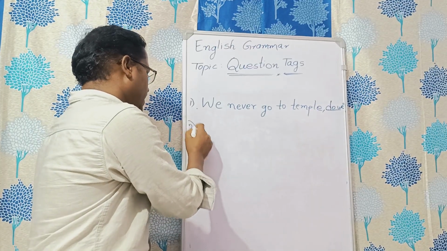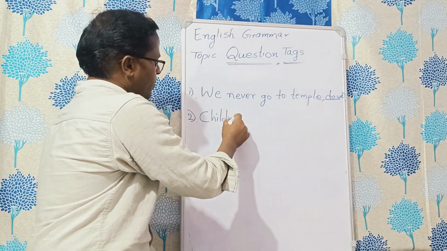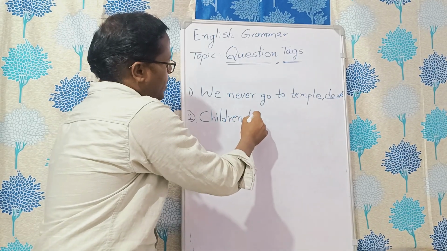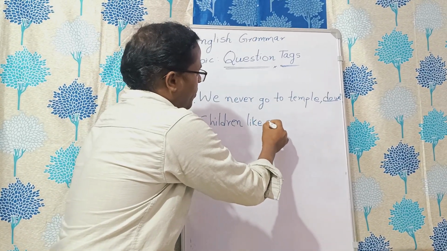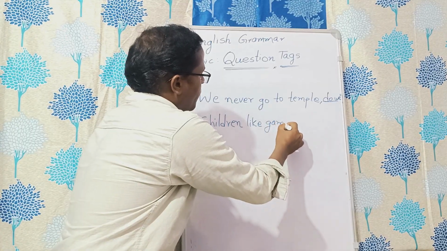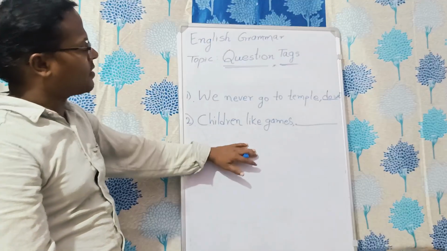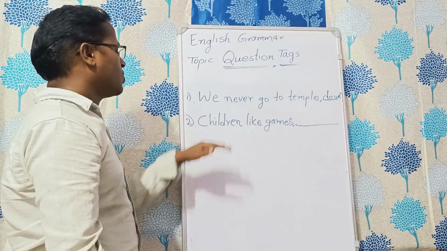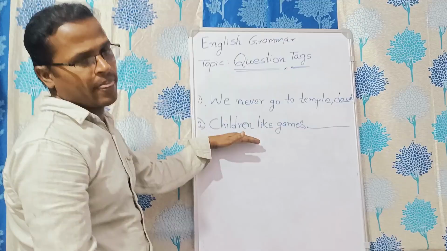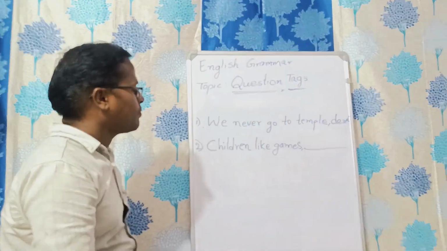We'll go with another example. "Children like games" is the given sentence. What will be the question tag? Children is plural. So what will be the subject pronoun for children?